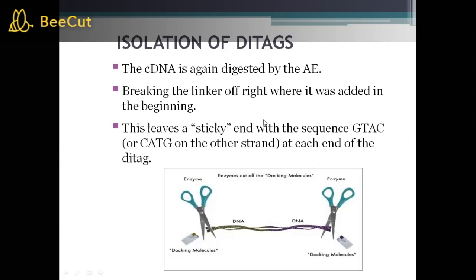So after digesting with this anchoring enzyme, it leaves sticky ends. Here you can see these are the two ditags, and we have carried out the digestion using the anchoring enzyme, so at both ends there will be sticky ends.